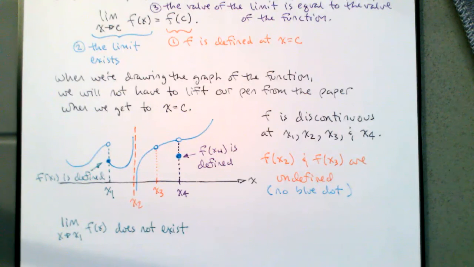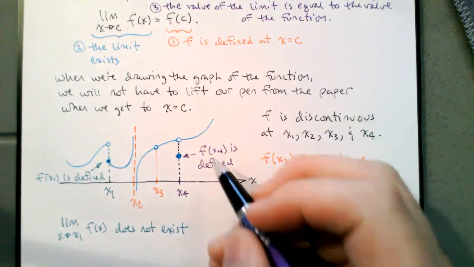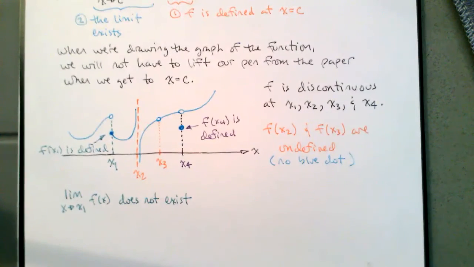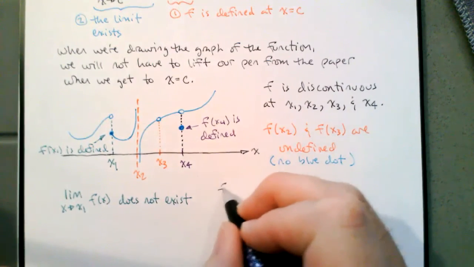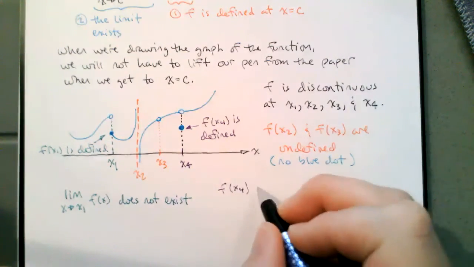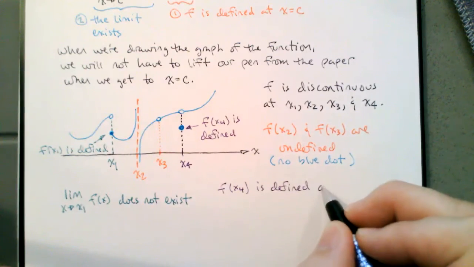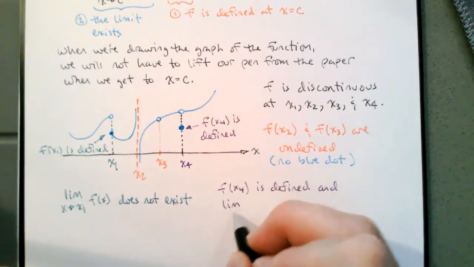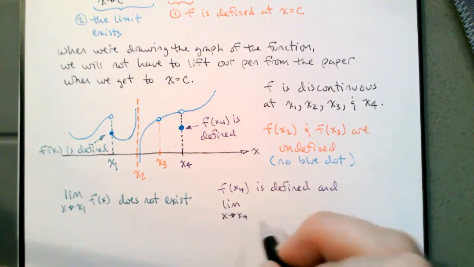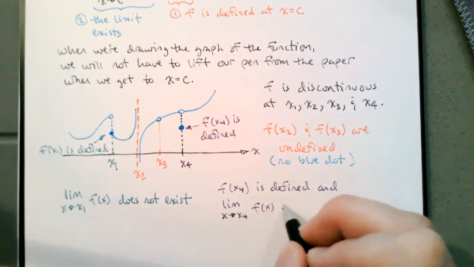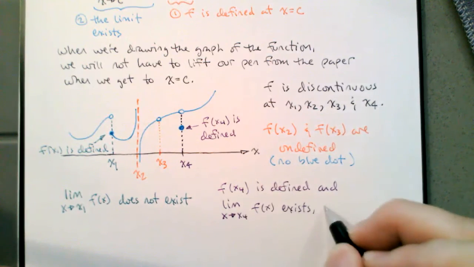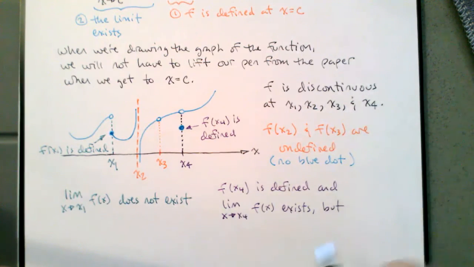The function says that place is somewhere else. So at x4, f of x4 is defined and the limit as x approaches x4 of f of x exists, but they are not equal.